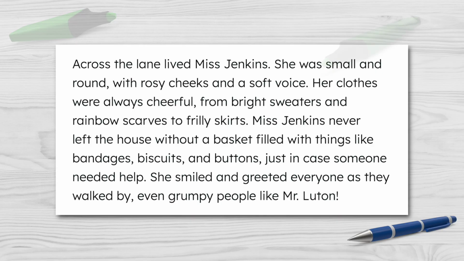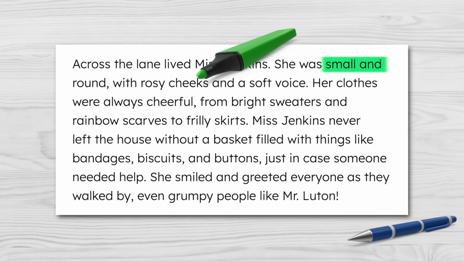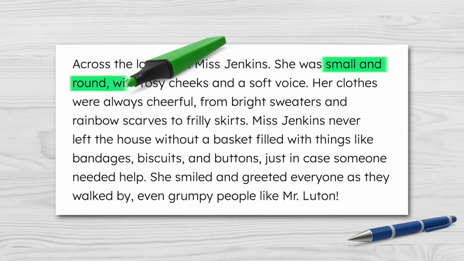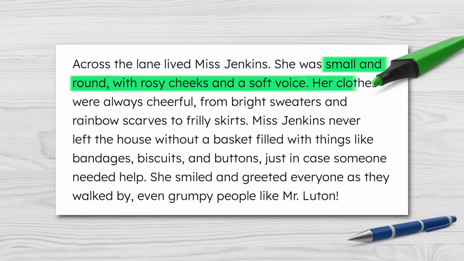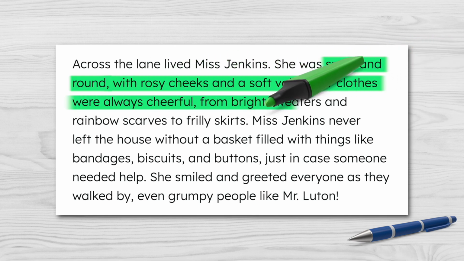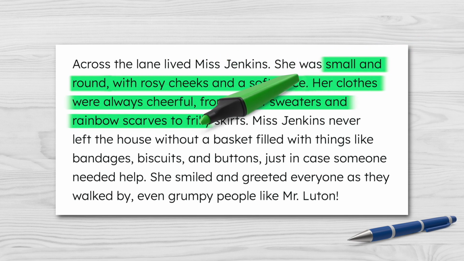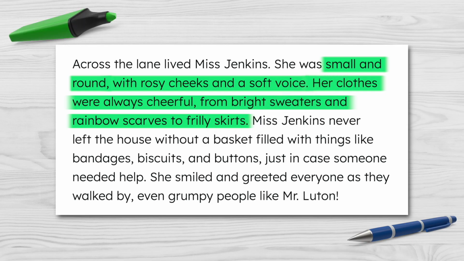Let's check. Miss Jenkins is small and round, and she has rosy cheeks and a soft voice. Her clothes are described as cheerful with bright sweaters, rainbow scarves, and frilly skirts. These external traits help us picture her clearly. Now, let's think about Miss Jenkins' actions to figure out her role.